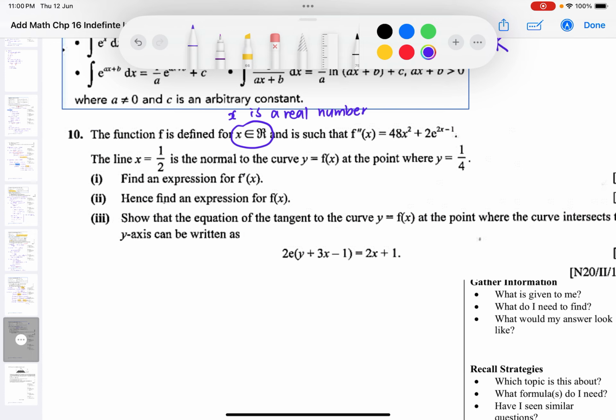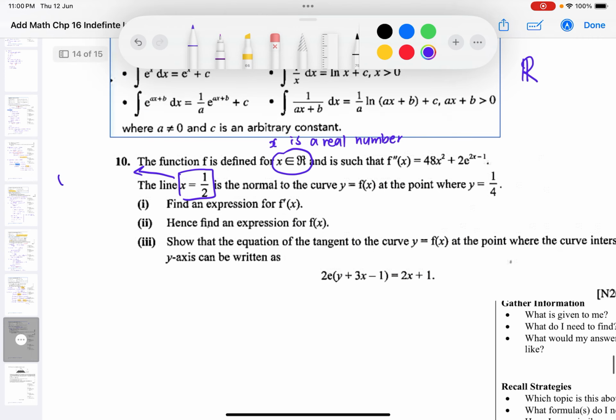So x equals to half is, as you all know, a vertical line. It's a vertical line that cuts at x equals to half. So if you have a normal that is a vertical line, what does it tell you about the corresponding tangent at the point x equals to half?